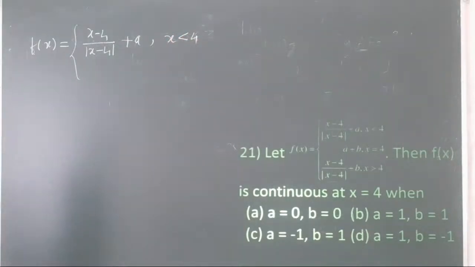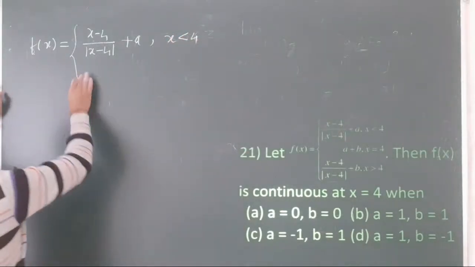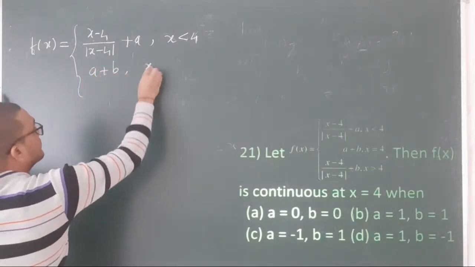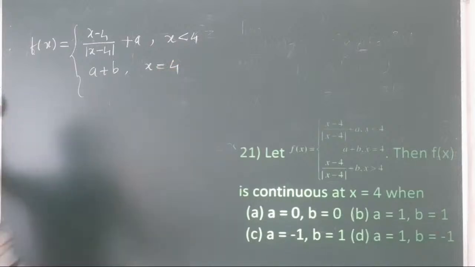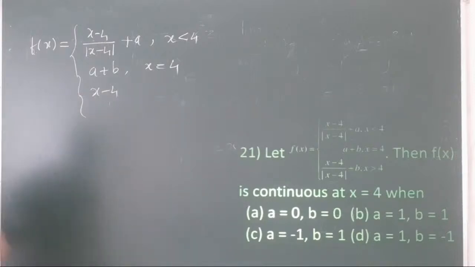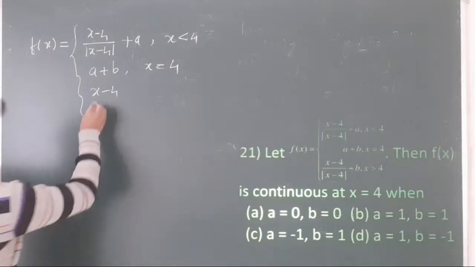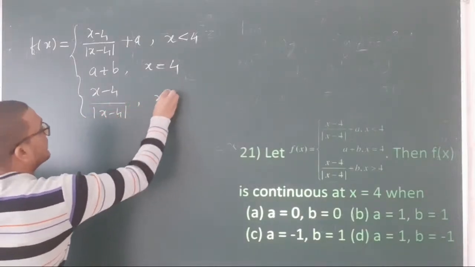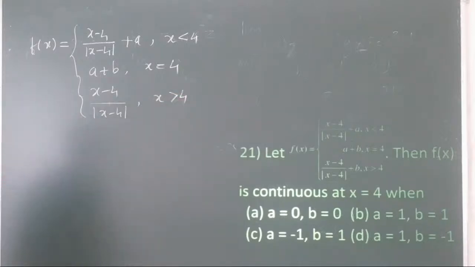Next, a plus b, when x is equal to 4. Next, x minus 4 upon modulus of x minus 4, again when x is greater than 4.